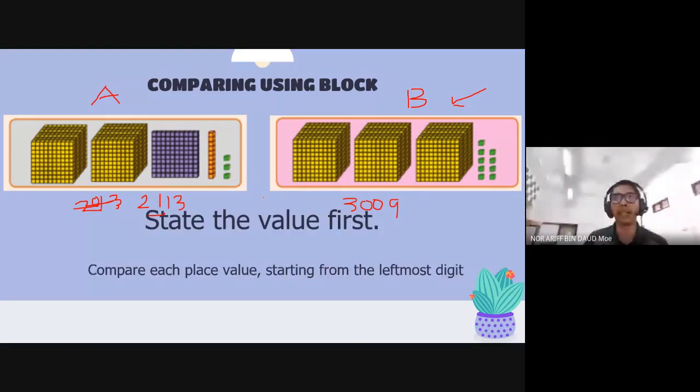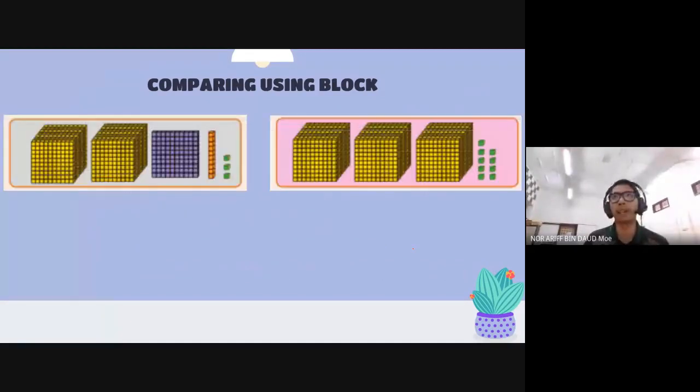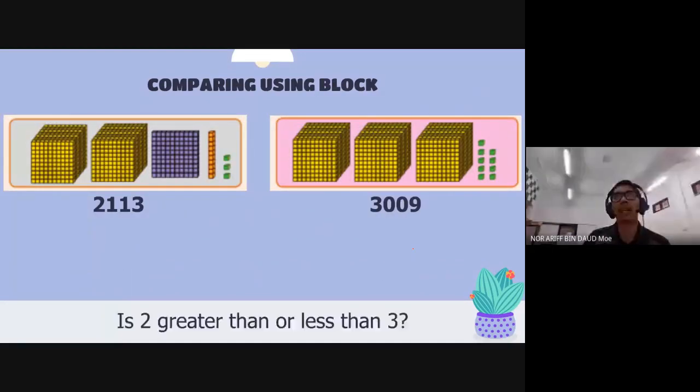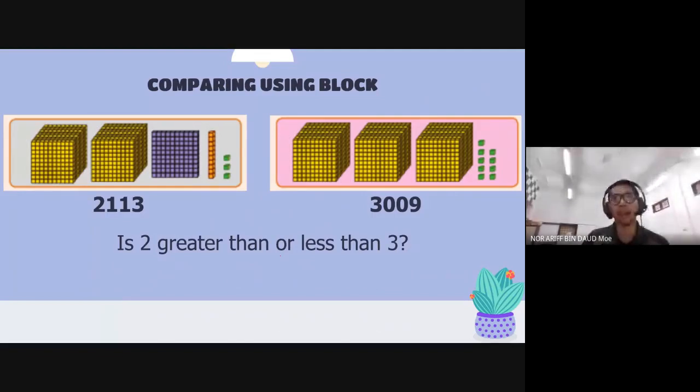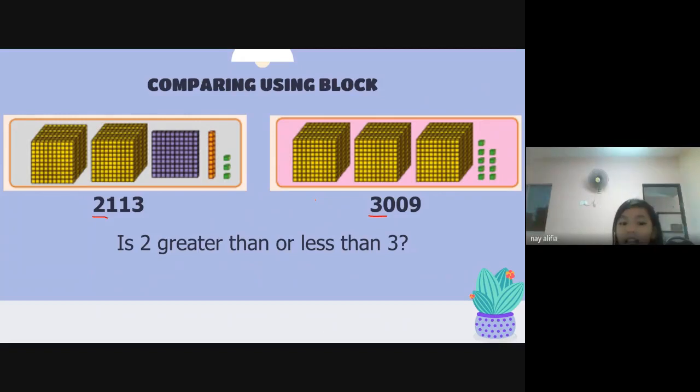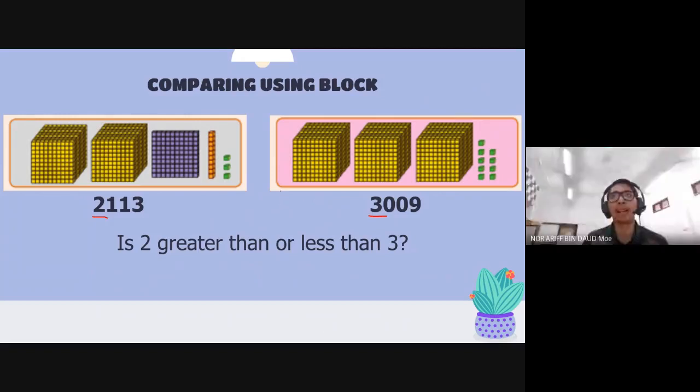Compare each place value starting from the leftmost digit. Okay, and then is 2 greater than or less than 3? Greater than or less than? Less than. Yes, less than.